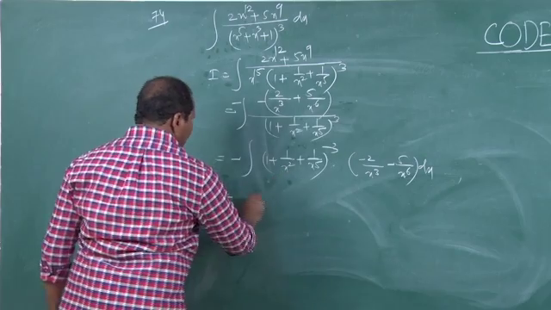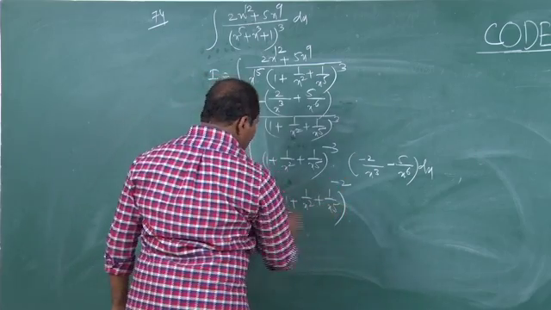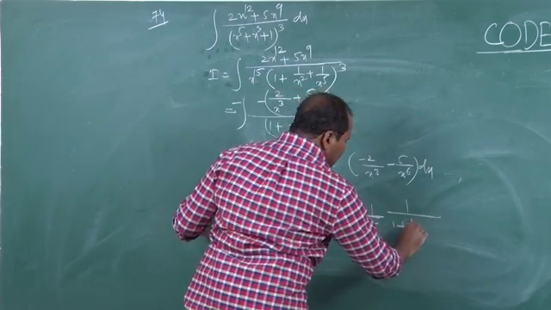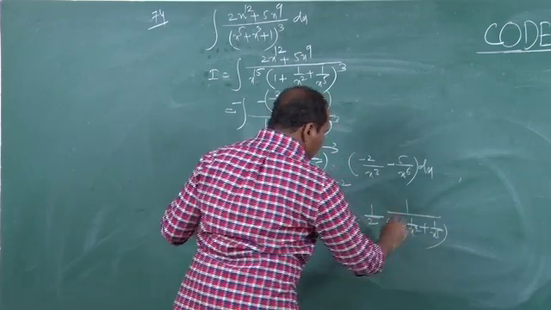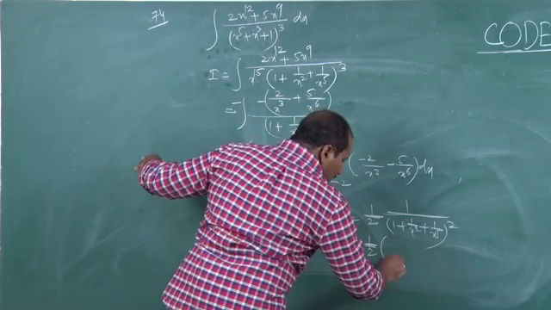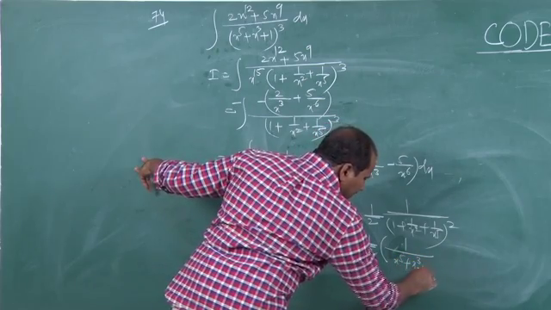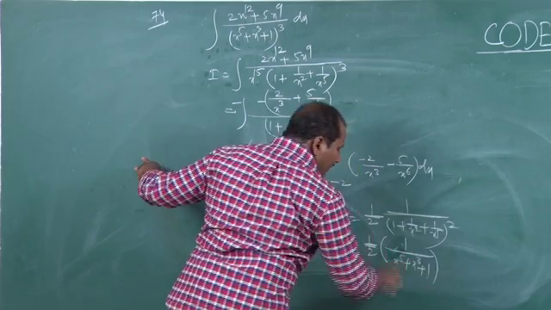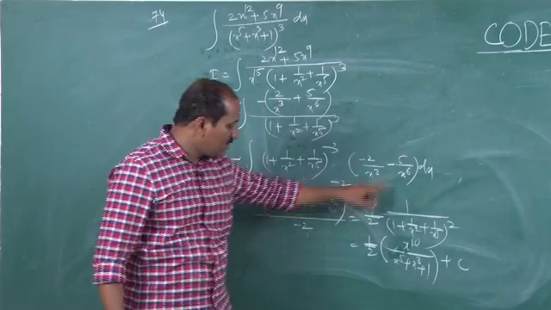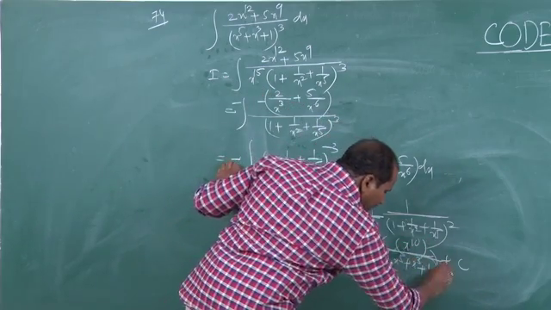So straight away, (f(x))^(n+1): (1 + 1/x² + 1/x⁵)^(-2) divided by -2, that is equal to 1/10 into 1 by (1 + 1/x² + 1/x⁵) whole square, and again by taking the LCM, the denominator becomes (x⁵)(1/x⁵ + x³ + 1) whole square, and when x⁵ comes to the numerator it becomes x¹⁰. Hence the answer is 1/2 into x¹⁰ whole divided by (x⁵ + x³ + 1) whole square.